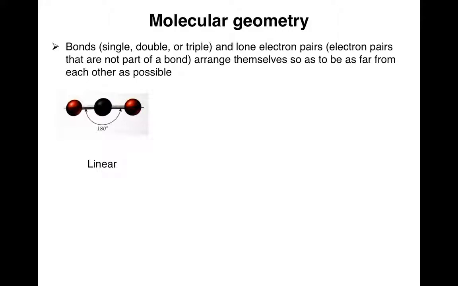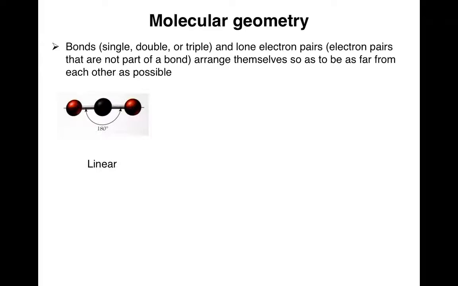If a central atom has only 2 bonds and no lone electron pairs, these bonds can position themselves opposite one another, with an angle of 180 degrees between them. This molecular geometry is called linear. An example of a linear molecule is carbon dioxide. Carbon does not have any lone electron pairs in carbon dioxide.